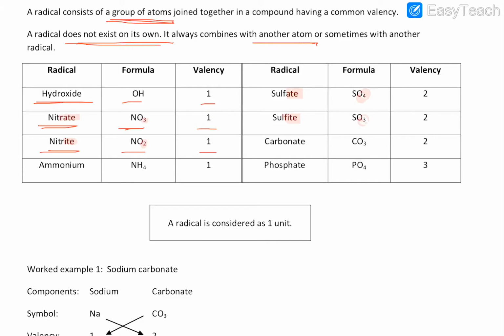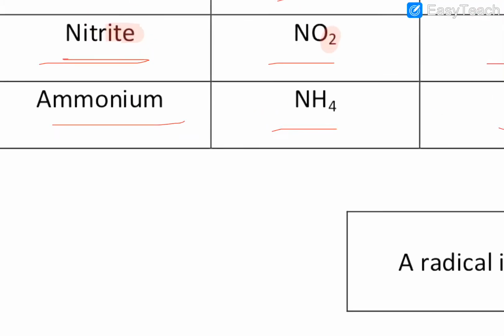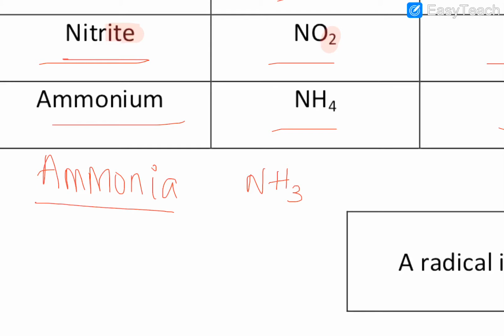So ammonium is another radical. Ammonium, NH4, valency 1. Now be careful. Ammonia is not a radical. Ammonia is a compound. It has formula NH3. And remember that ammonia has fewer letters in the name, so it has less hydrogen. Ammonium has more letters in the name, it has more hydrogen.